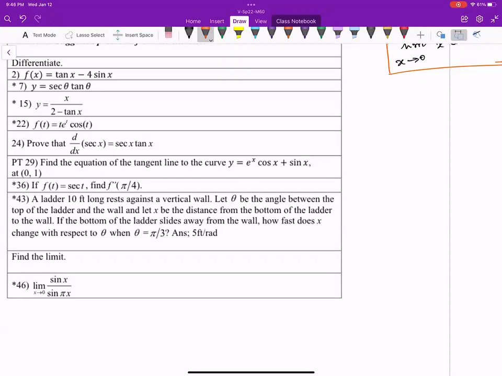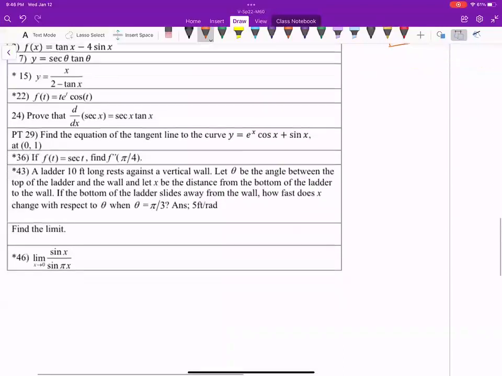Whichever says PT means they are found in the practice exam. I've also done some videos for problems, and some of them you can find there too. So we will do some of them here and some of them you can find in the chapter videos. So let's try problem number, say, 15, which has a numerator and a denominator.